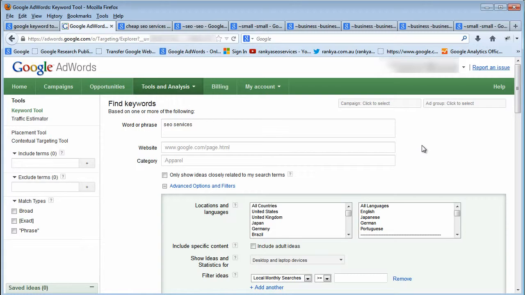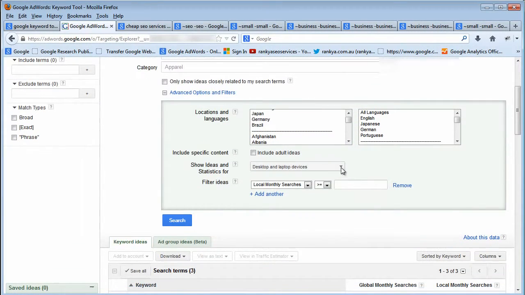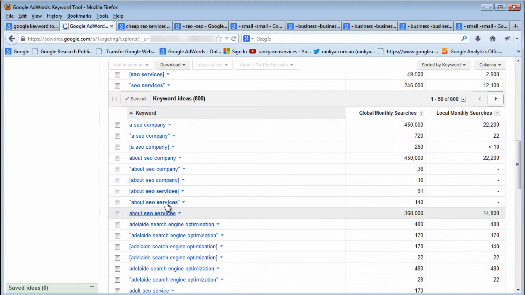So this is how you use the Google AdWords tool. You start by typing in your industry specific keywords, understanding the options that it gives you, and also experimenting with it, not just going, okay, give me that, oh, that seems nice, let me just go for that.